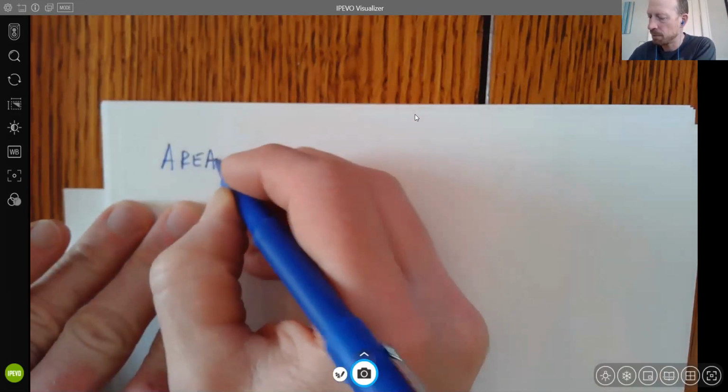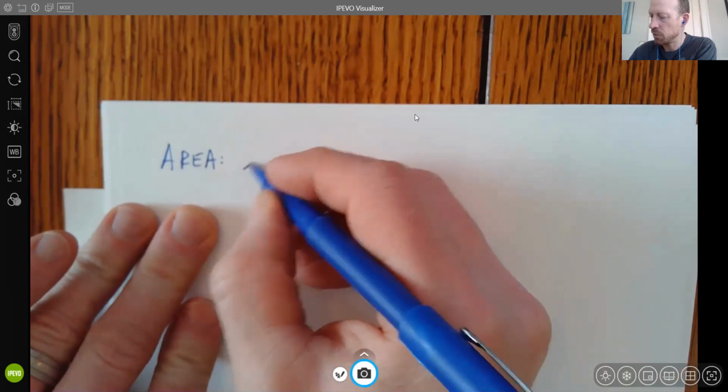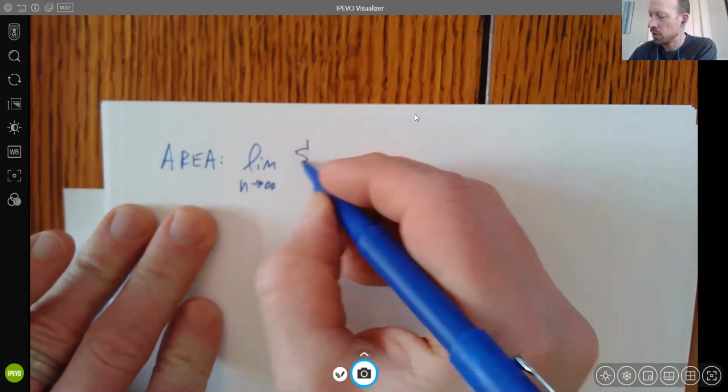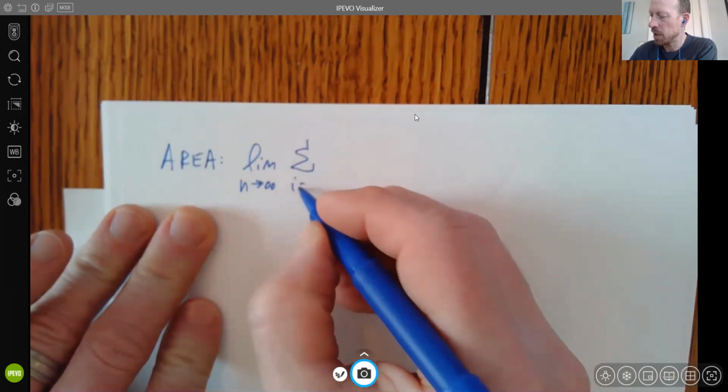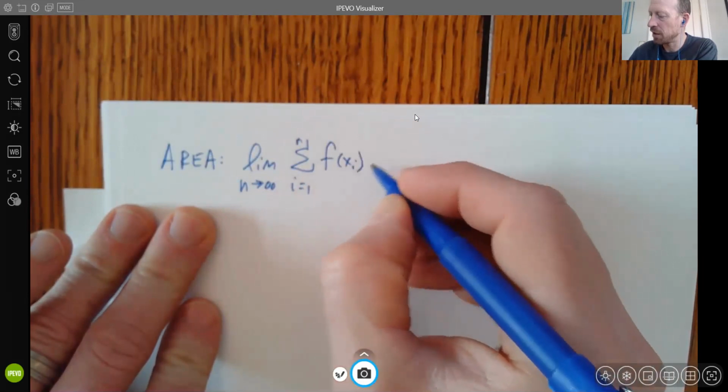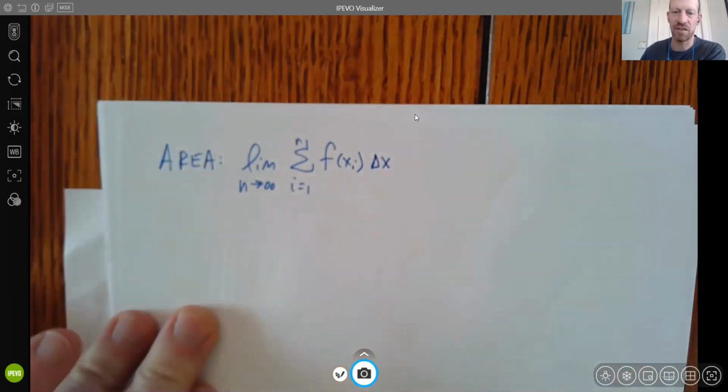So the area is equal to the limit as n goes to infinity of the sum from i equals 1 to n of f of x sub i times delta x.